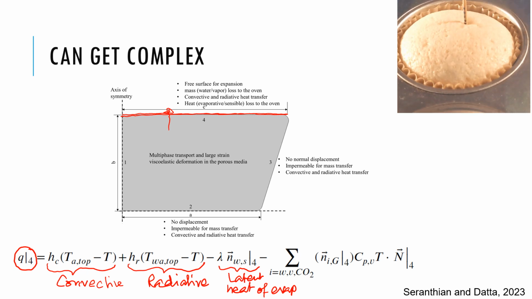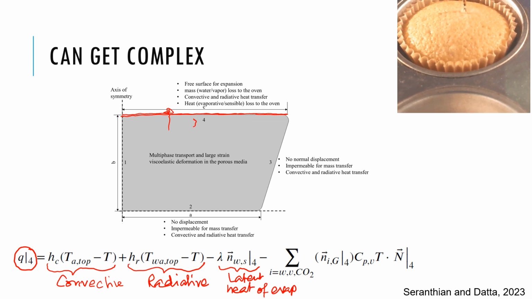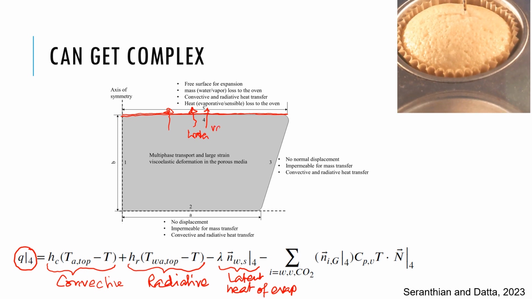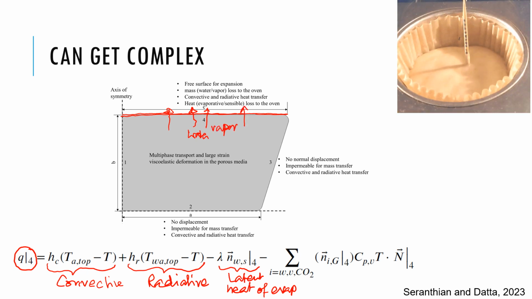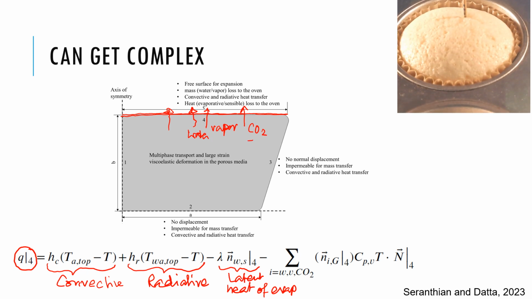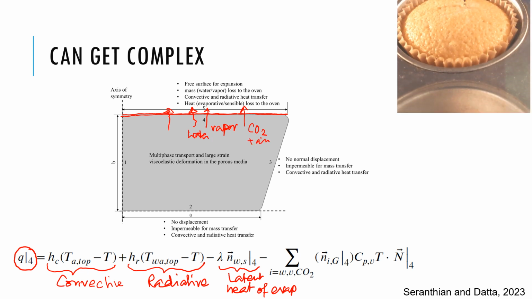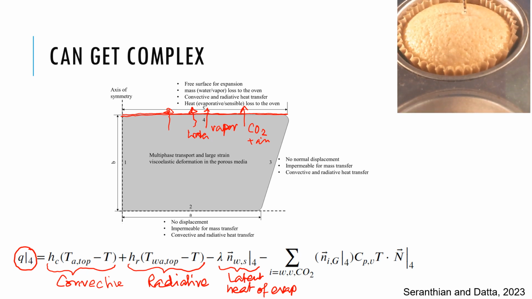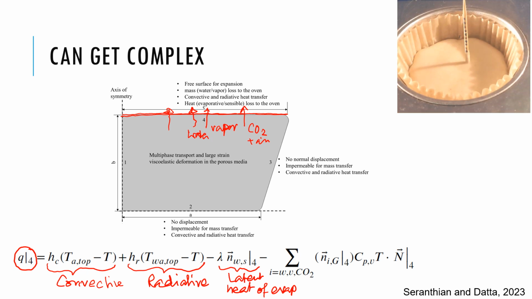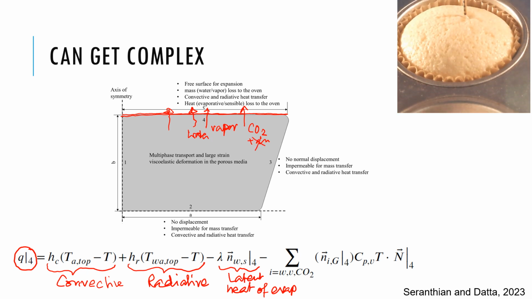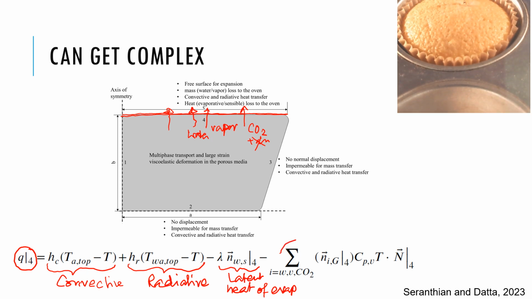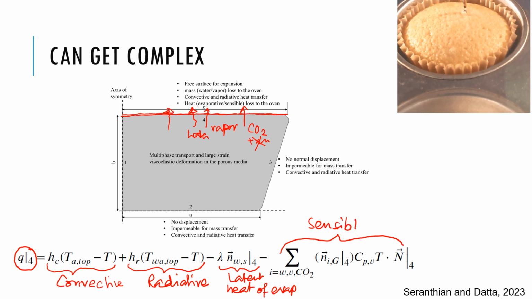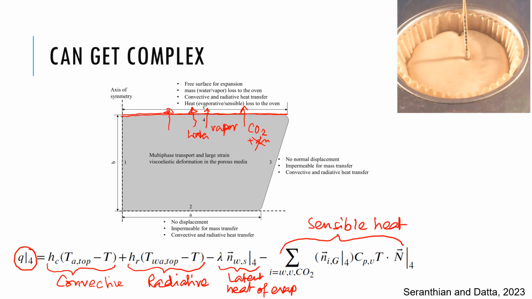And then everything leaving the surface, water, vapor, other gases like CO2 plus air, those are also carrying some sensible heat. So in this case, we ignored the air part. So we have water, vapor, and CO2. So this is sensible heat.